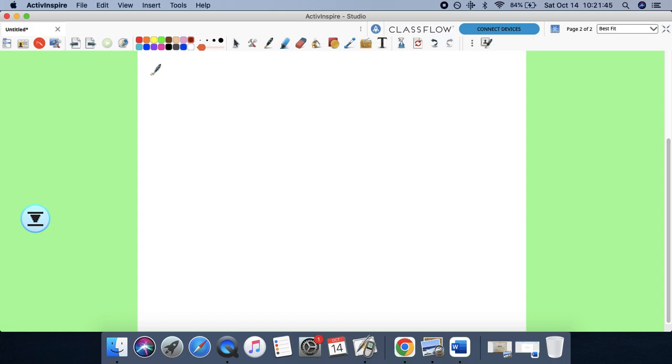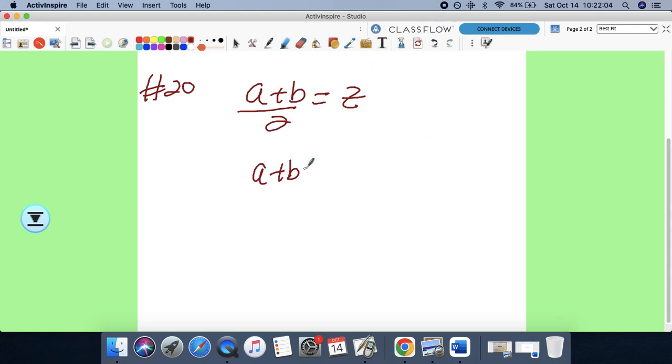20. There's more. Sorry, I made the video a little longer than I thought. If the average of A and B is Z, so average A plus B divided by 2 is Z, that's what they mean. And A plus 2 is 2Z. Well, if you cross multiply from that, right, you got A plus B equals 2Z. Okay, so far so good.